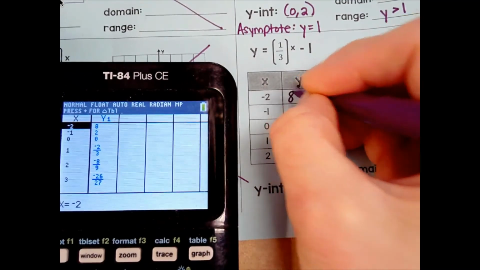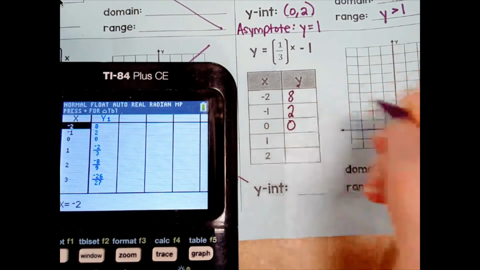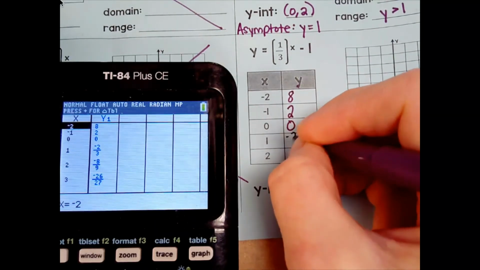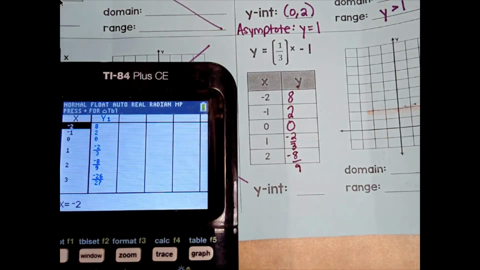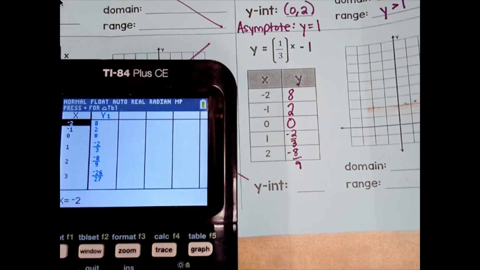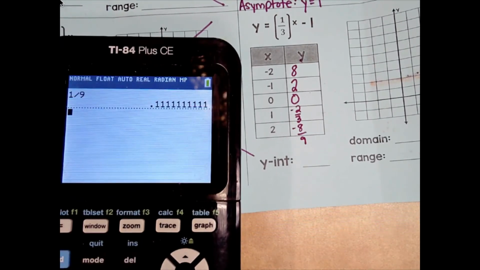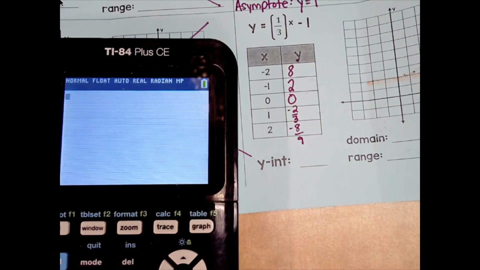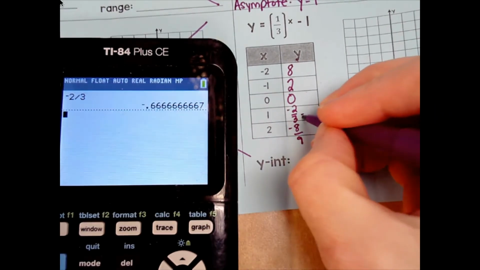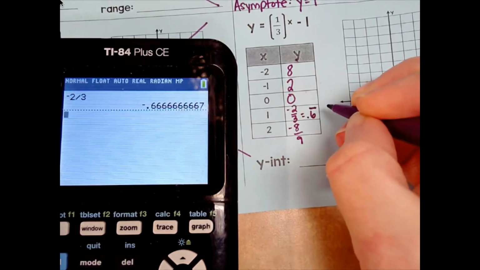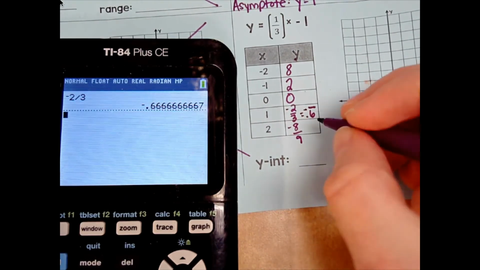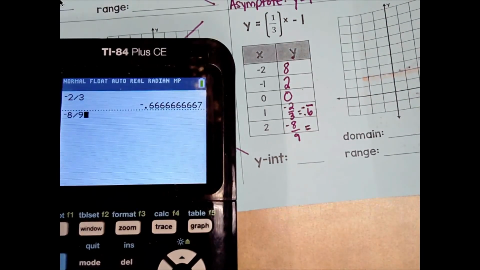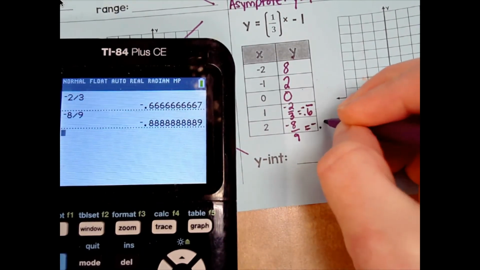So we got 8, 2, 0, negative 2/3, and negative 8 over 9. So we have some fractions here we need to convert to decimals. Negative 2/3, negative 0.6 repeating. And then negative 8 over 9, negative 0.8 repeating.